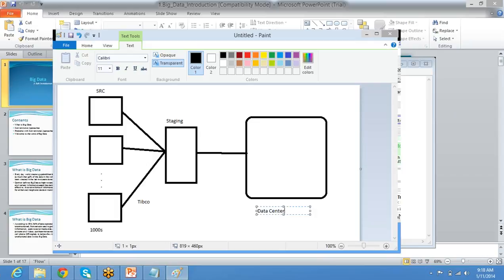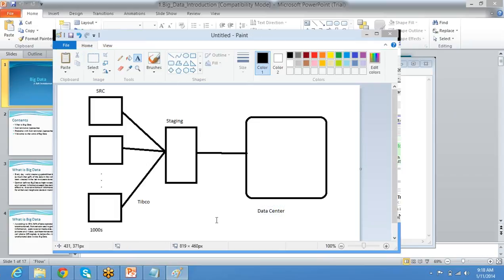So this is for all of you who haven't dealt with analytics applications, to show how exactly the data flows and how things happen. In the data center, let me make it clearer. I'm making two more systems.